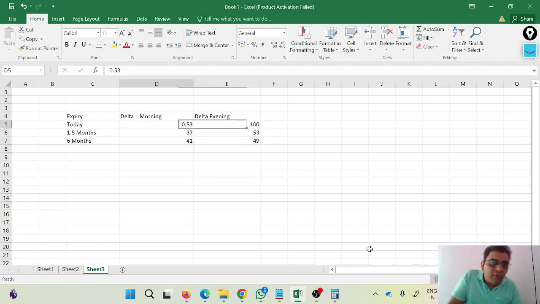So can we believe, in the morning its delta was hardly 0.53. It has gone to 100 on the day of expiry. Its delta was 37. It has gone to only 53. And from 41, it has gone to only 49.